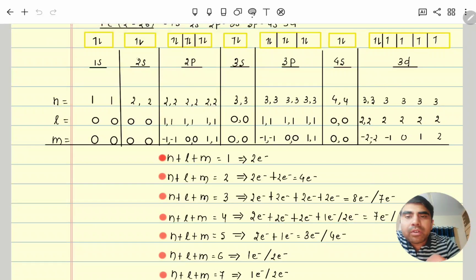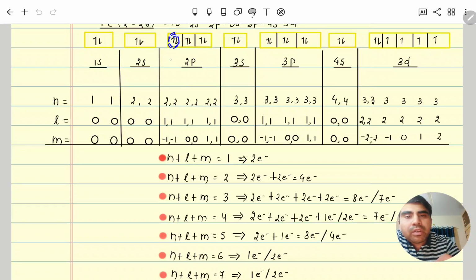Similarly for this electron, principal quantum number is 2, and since it is s, l value and m value will be 0. Similarly for 2p, principal quantum number is 2 for all these electrons, and since it is p, l value will be 1. But the magnetic quantum number will be different.